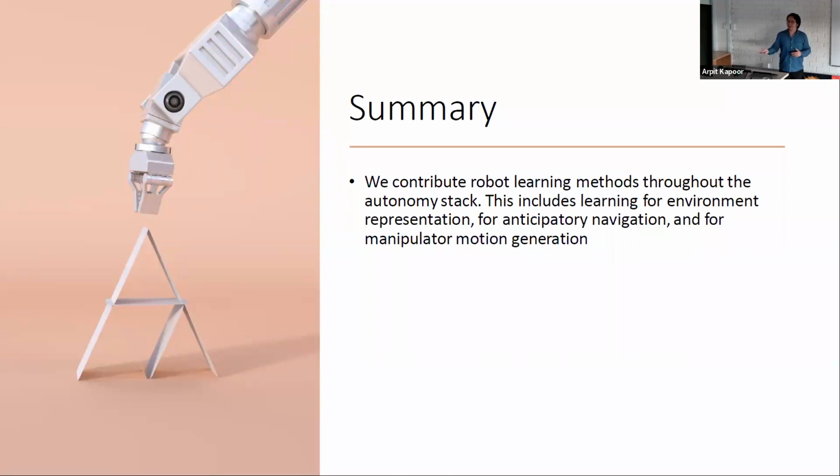But what we realize is that robot learning can help all these different parts of the autonomy stack, and this includes learning to represent the environment, that's more to do with the sensor or perception side, but also for anticipatory navigation and motion generation for manipulators. And that's all of the stuff I've got for today.